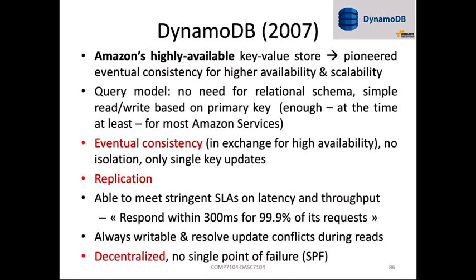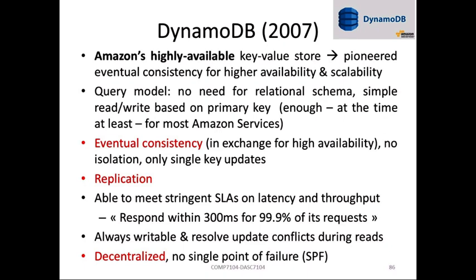It can be seen, let's say, as a highly available key value store. And it pioneered many important concepts in the NoSQL world, such as eventual consistency, so giving up consistency for higher availability and scalability.